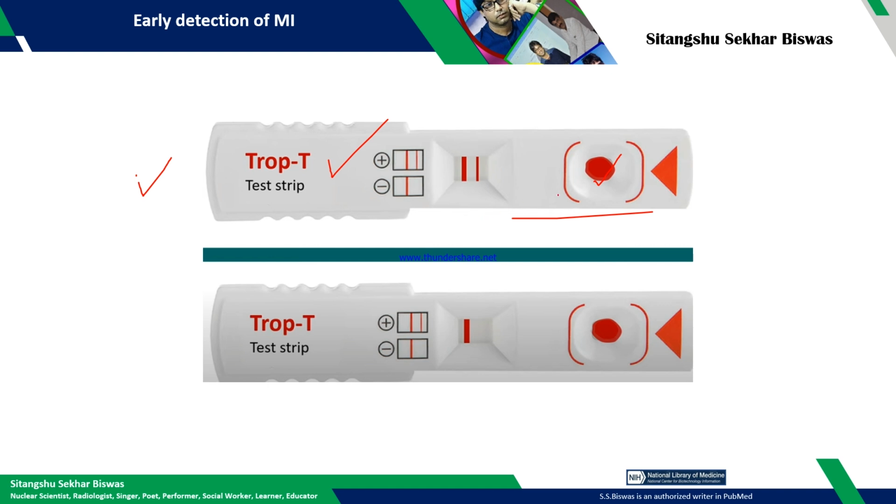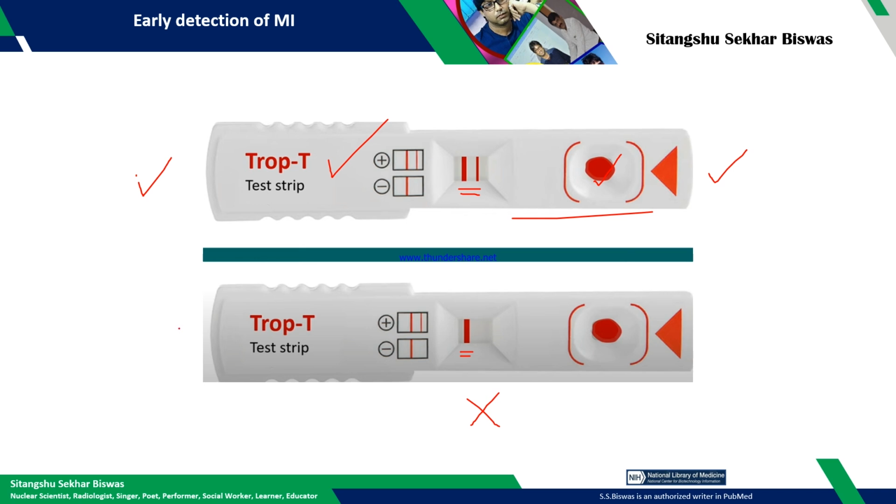When the blood diffuses and reacts with the preloaded antibody, this may take some 20 to 30 minutes, and you will get the indication. If two lines appear, the test is positive, and if a single line appears, it is negative. If no line appears, the strip itself has a problem.